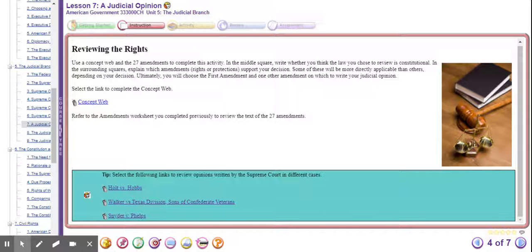And there's some other cases here. Walker v. Texas Division, Sons of Confederate Veterans, deals with vanity license plates. Does the Sons of Confederate Veterans, an organization, have the right to have a vanity license plate, a personalized license plate with the Confederate flag on it, for example? Snyder v.